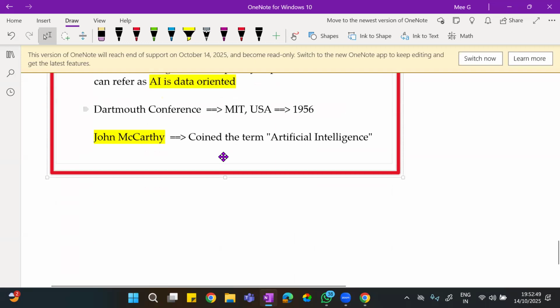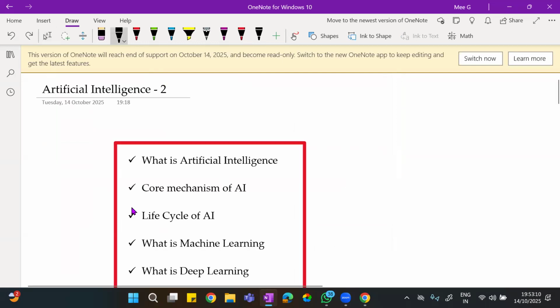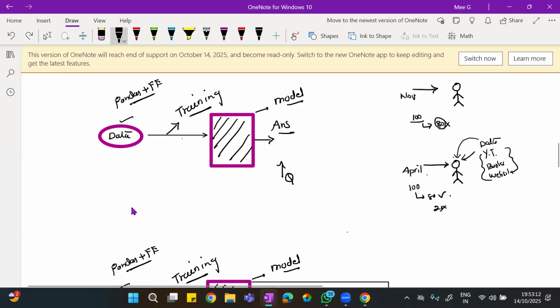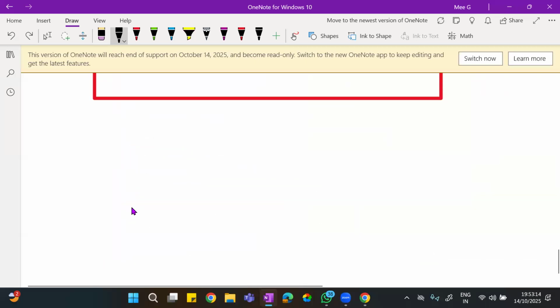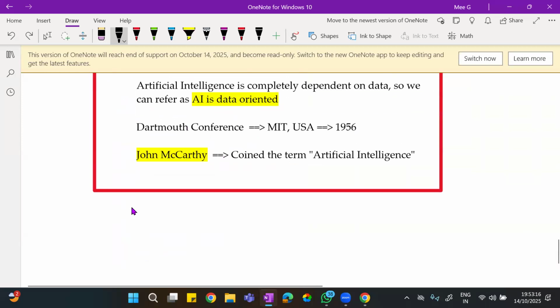Now, the first thing you should get in your mind is, this was done in 1956, right?